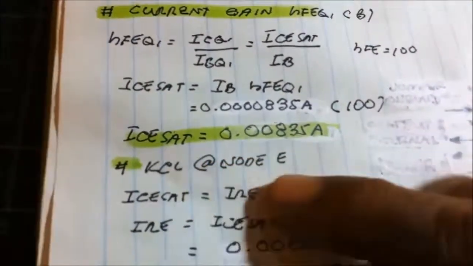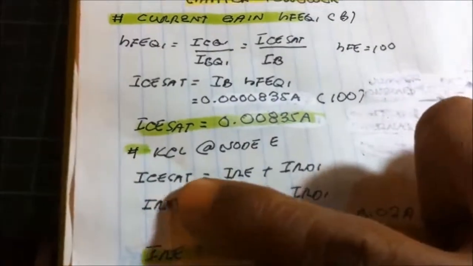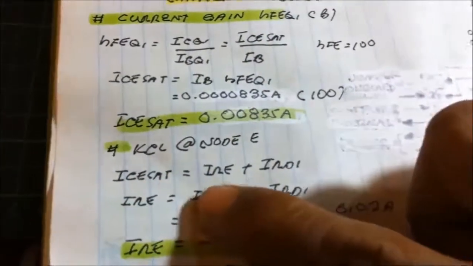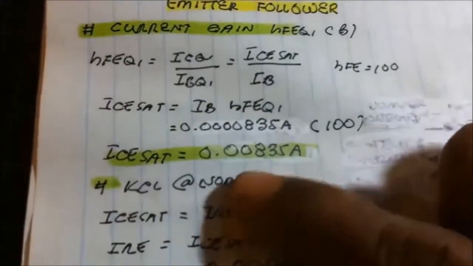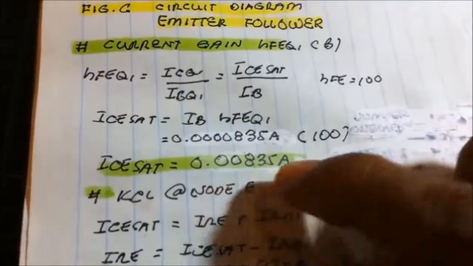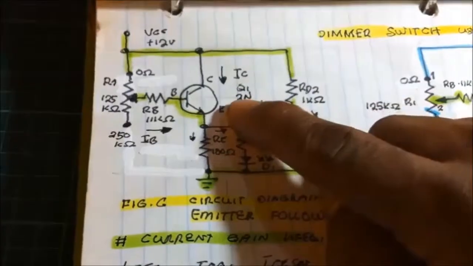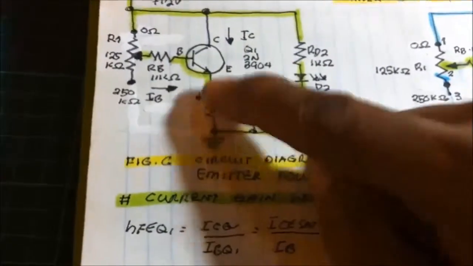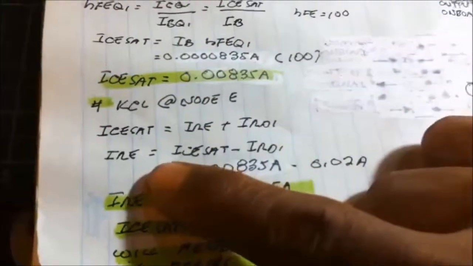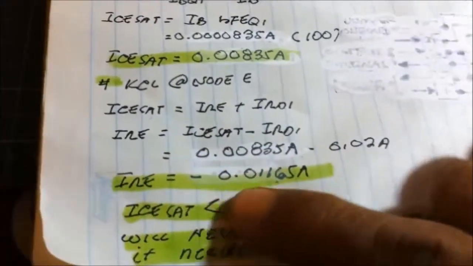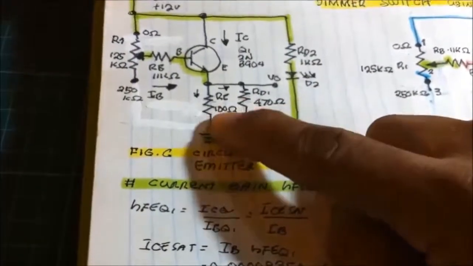You see here KCL at node E. IC sat, the supply current, is equal to 0.00835 ampere, and then you're going to supply it into the emitter resistor and the load. You got this negative at the resistance of the emitter.